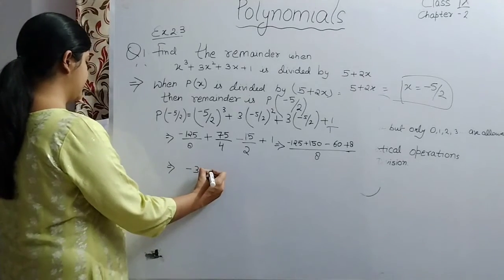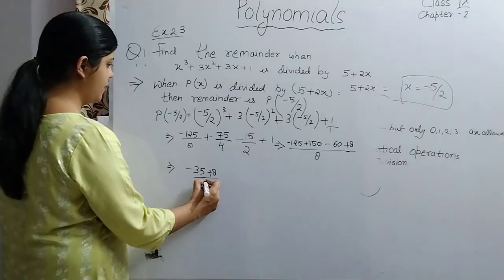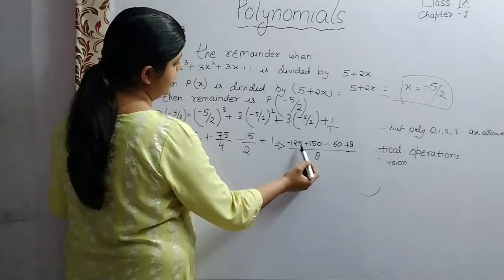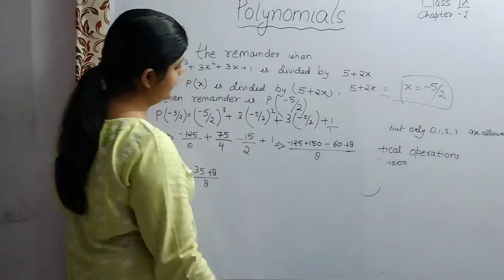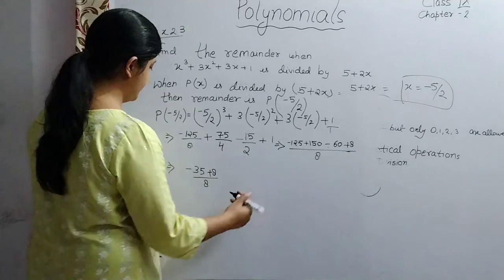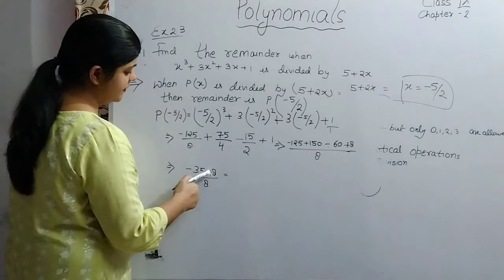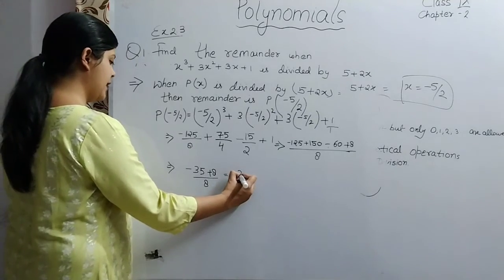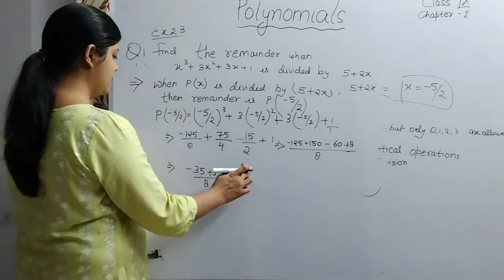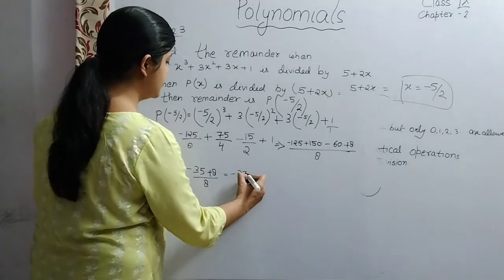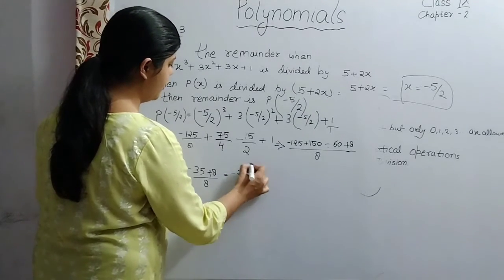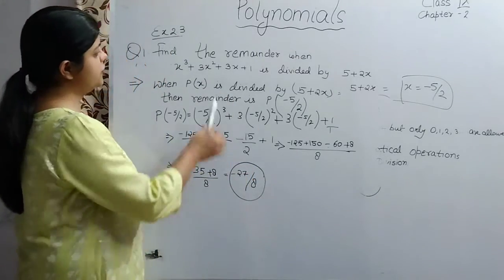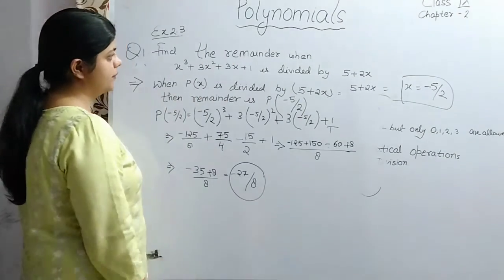That is minus 125 plus 150 minus 60 plus 8, which becomes minus 35 plus 8 upon 8. The answer is minus 27 upon 8. This is the remainder value which comes from this equation.